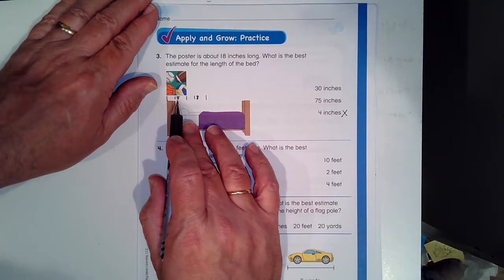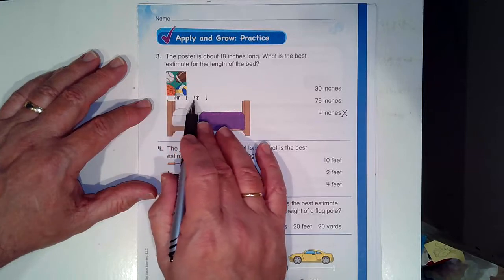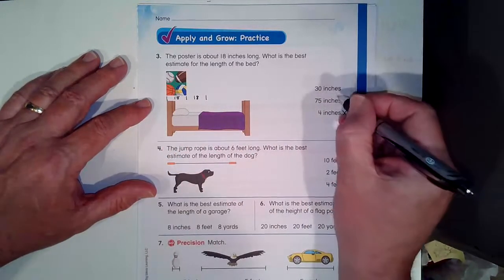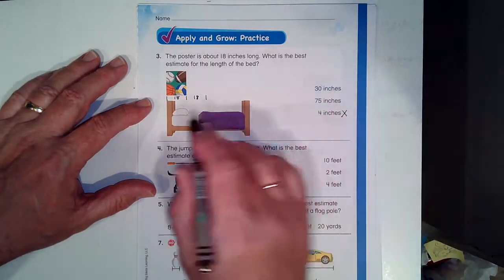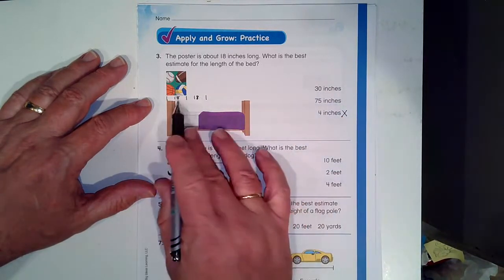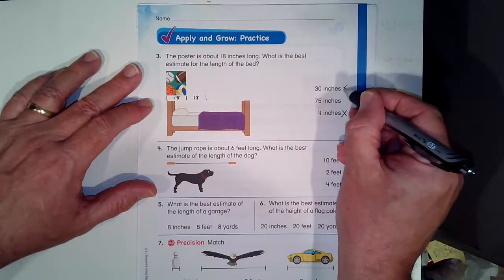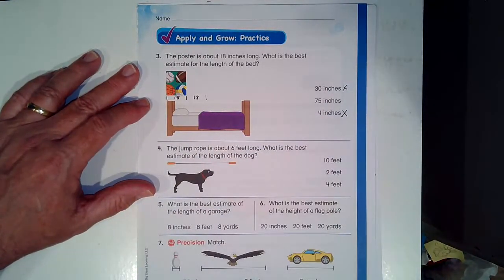From doing our doubles, I know that 18 plus 18 is 36. And 36 is already longer than 30, and that's only 2 of these sections. So I know it cannot be 30 inches.